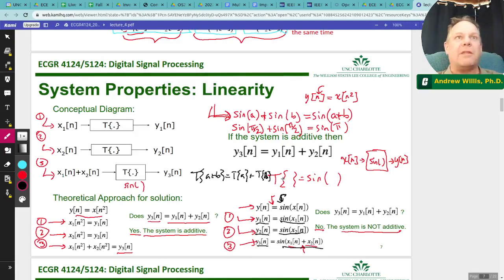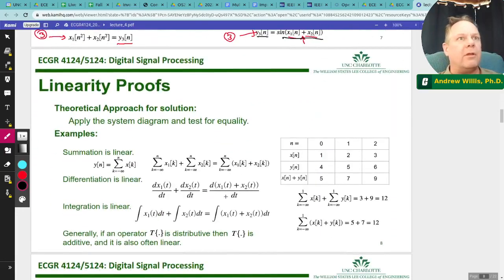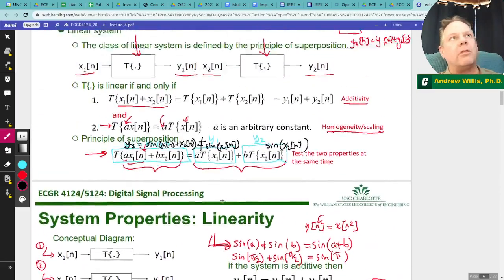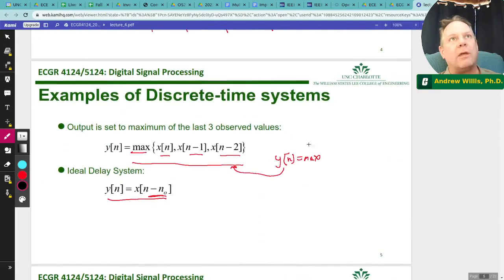Gotcha. What about if we had a complex exponential? Then we would have to put x1 and x2 into the argument of the exponential. Well, nothing's telling us we can't do that. What if we have the system y of n is equal to e of x of n? Okay, so what's y1 of n?